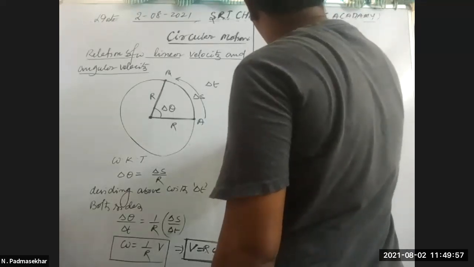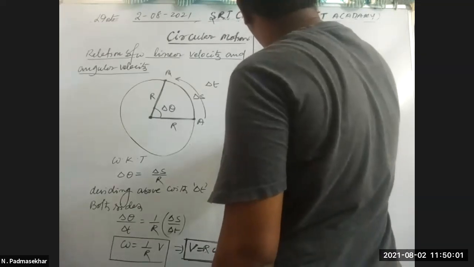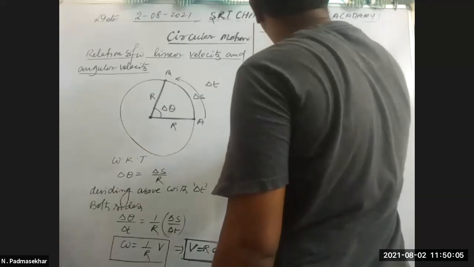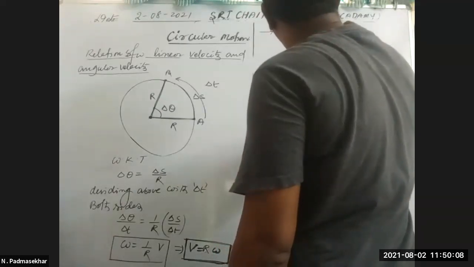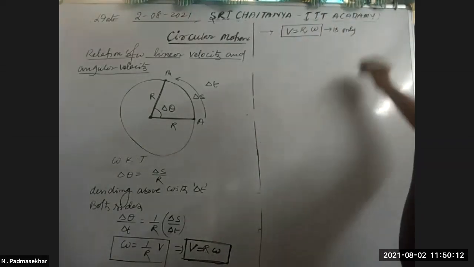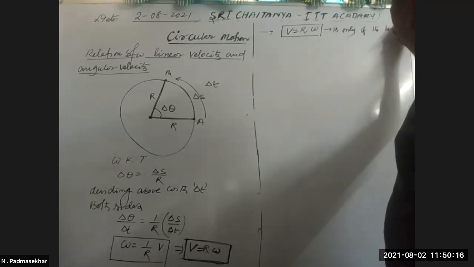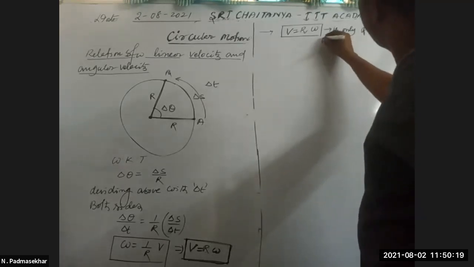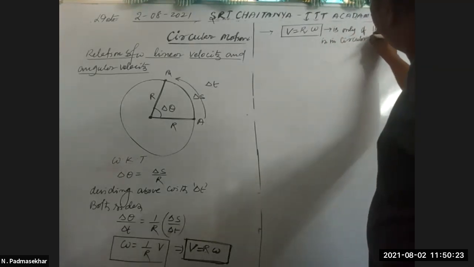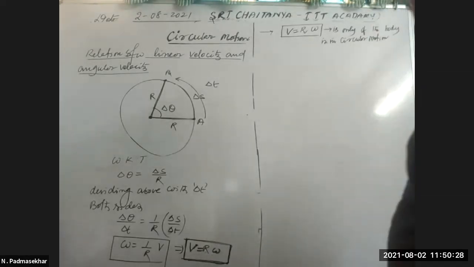V is equal to R omega only if the body is in circular motion.